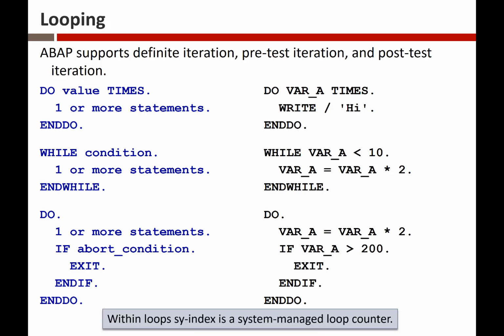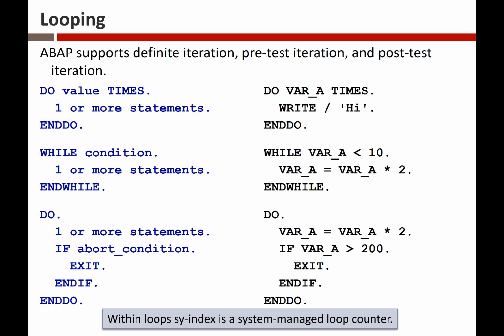So, we have a loop counter that is built into the system. And we're going back to a data object that we talked about last time, the SY data object. You'll get to work with that in your homework 2 programming assignment that's coming up here.